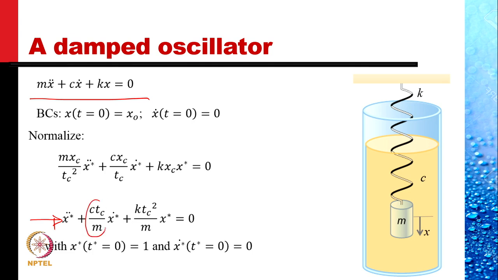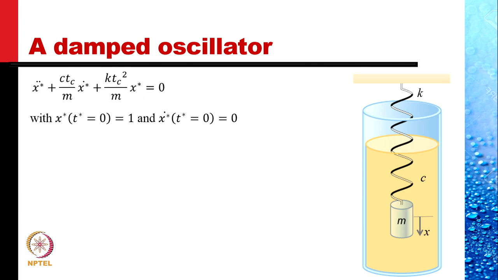This is an estimate of the viscous force, and this is the estimate of the spring force, provided that we have taken xc and tc appropriately. That is, they are indeed characteristic of the system. The boundary conditions become x star at t star equal to 0 is 1 and x dot star at t star equal to 0 is 0.